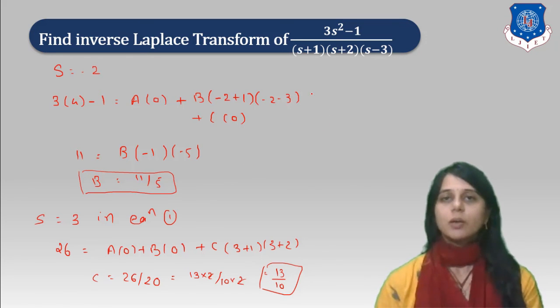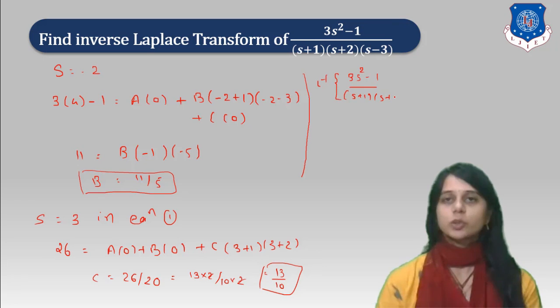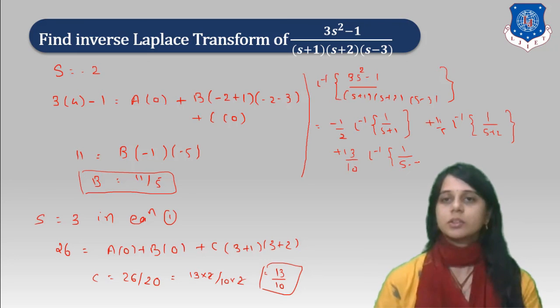Now we put the values of A, B, C in equation 1. So Laplace inverse of (3s square minus 1) upon (s plus 1)(s plus 2)(s minus 3): the value of A is minus 1 by 2, Laplace inverse of 1 upon s plus 1; the value of B is plus 11 by 5, Laplace inverse of 1 upon s plus 2; plus 13 by 10, Laplace inverse of 1 upon s minus 3.